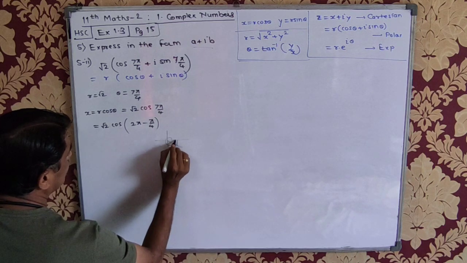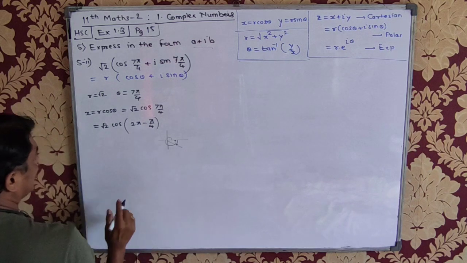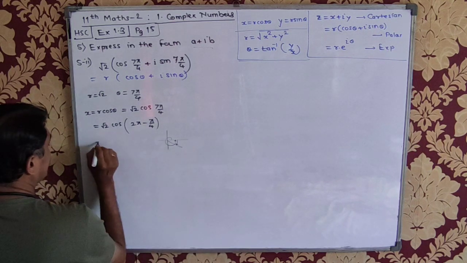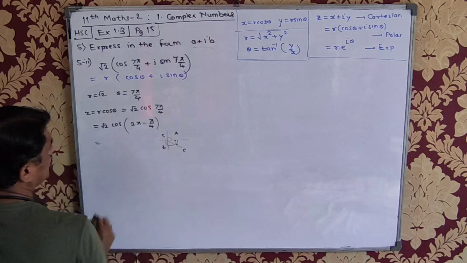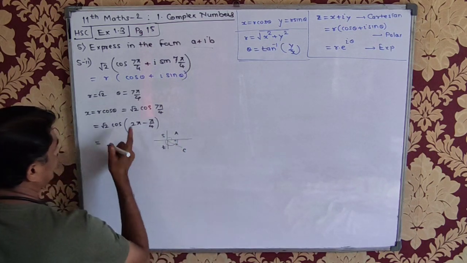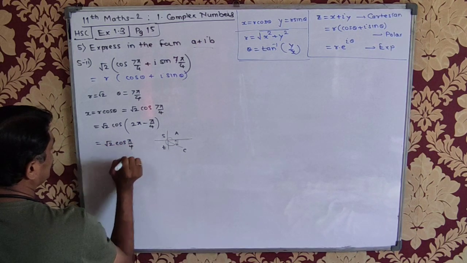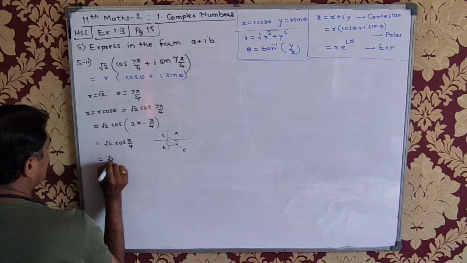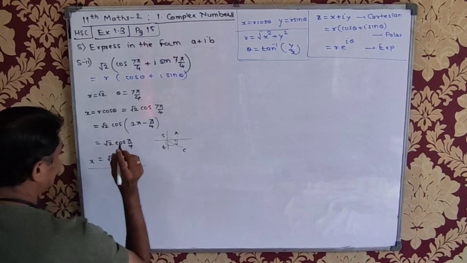Using the allied angle formula, cos of 2 pi minus theta, ASTC, cos is positive. 2 pi is on the x axis, so cos will remain cos. So this is root 2 cos pi by 4, that is equal to root 2 into 1 upon root 2, and therefore it is equal to 1. x is equal to 1.